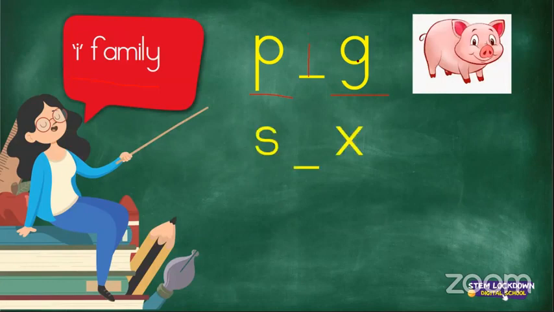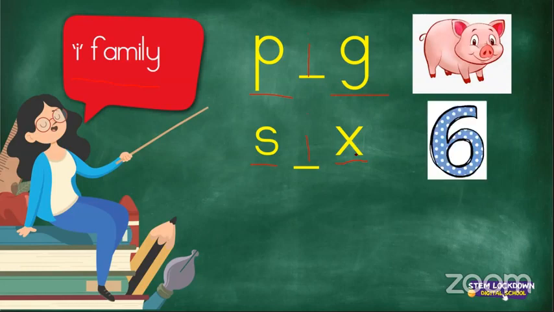Let's go and have a look at the next lot of letters we have. S, X. So what happens if we put I in between these letters? S, I, X. What word do you hear? S, I, X. Six. Well done, boys and girls.